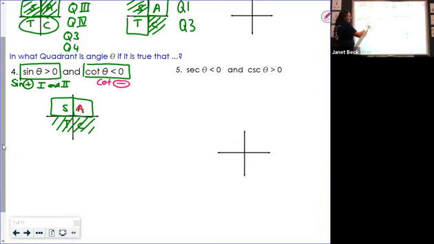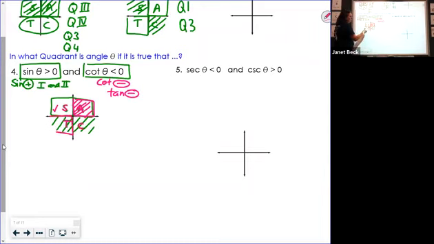ASTC doesn't tell me about cotangent, it just tells me about sine, tangent, and cosine. If cotangent is negative, that's a tangent upside down. It would also tell me that tangent is negative. So I want the quadrants where tangent is negative. Well, in quadrant 1, everything is positive, so tangent would not be negative. I don't want that one. Tangent would be negative in this quadrant.